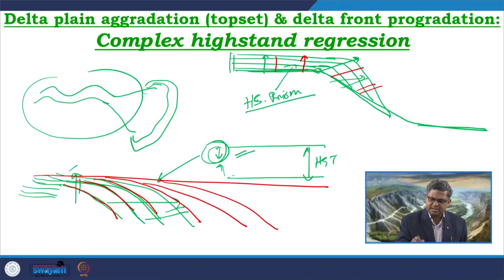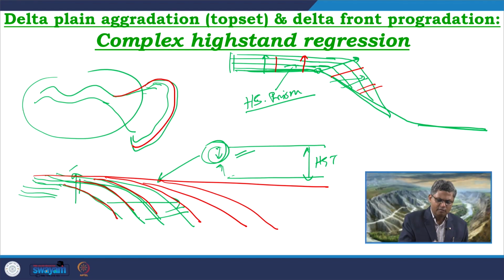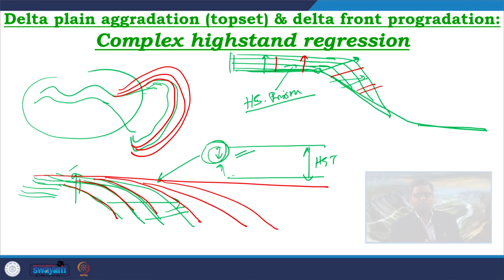So, individual prograding lobes will be more overlapping in nature, and that overlapping will be more vertical. If I think of this particular lobe, the next one is like this, the next one is like this. So, more vertical overbuilding and less forward overbuilding.